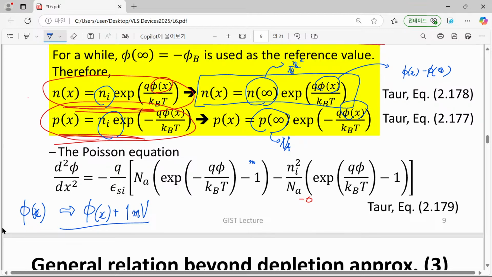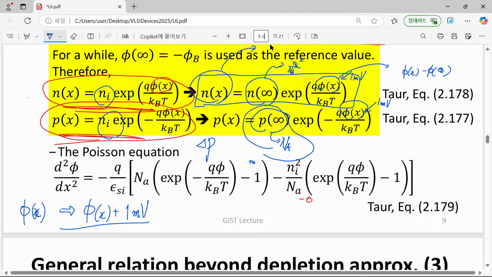If we change it by just 1 millivolt, then here we have an additional 1 millivolt and an additional 1 millivolt. Yes, their changing ratio, in terms of percentage, is the same for electrons and holes. However, since there are tons of holes already in this part, the amount of delta P will be really humongous. However, the amount of delta N will be really small, almost negligible.